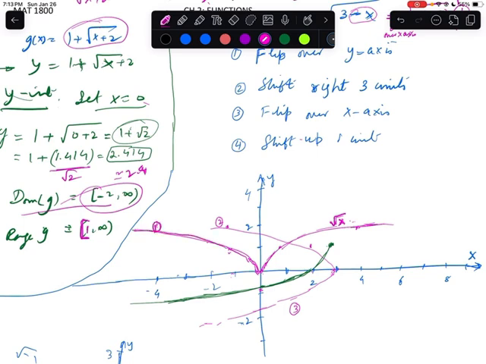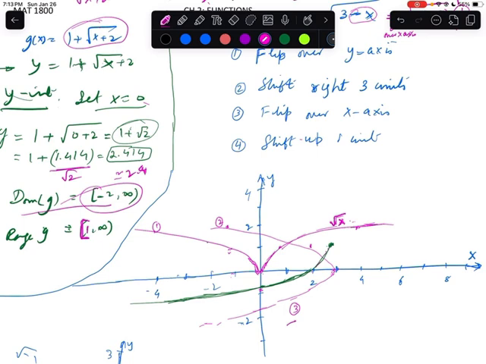So number 1 is the flip over the y-axis. Number 2 will be the shift right 3 units. Number 3 is the flip over the x-axis, which is number 3 here. And the last one, number 4, will be up 1 unit. So this is our final graph. That is what we are getting with the green I did. Just shift everything up 1 unit.